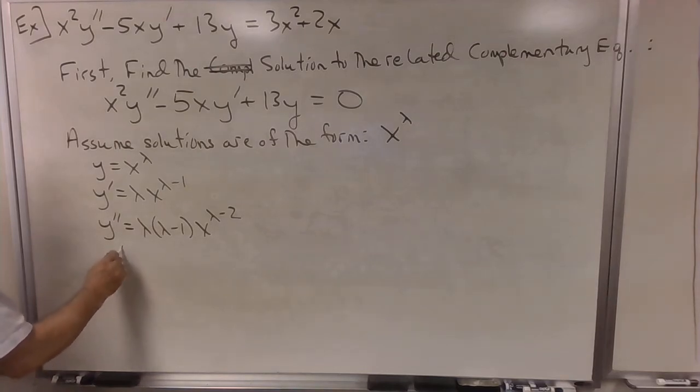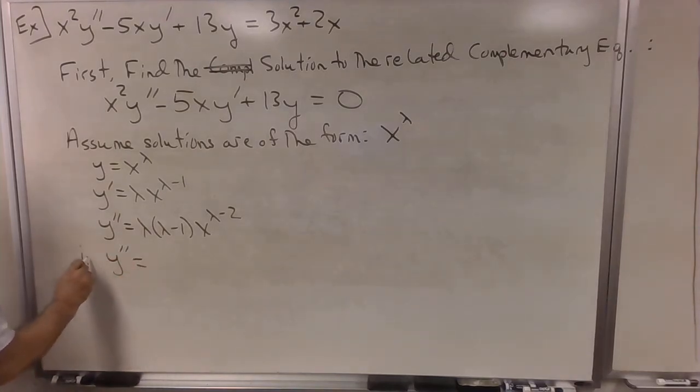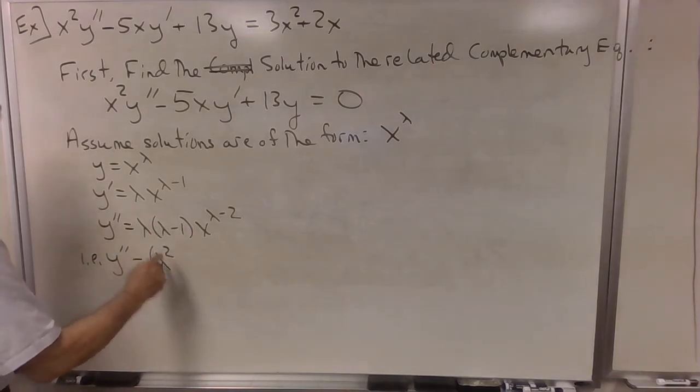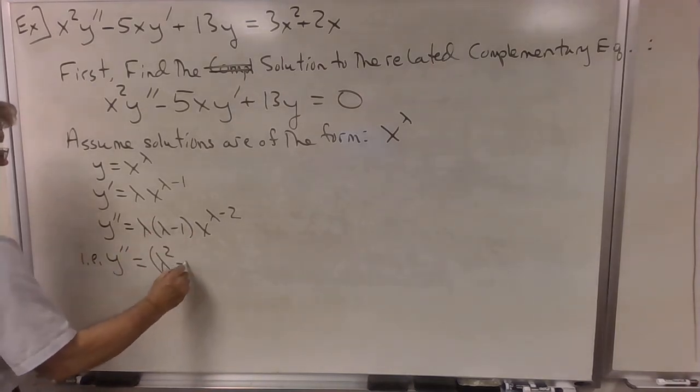And if we tidy that up a bit, lambda times lambda is lambda squared, lambda times 1 is lambda.